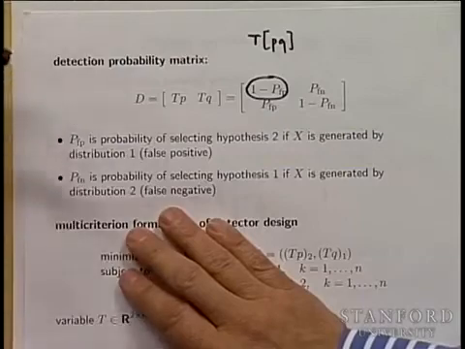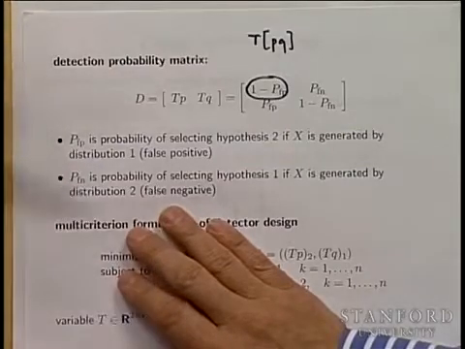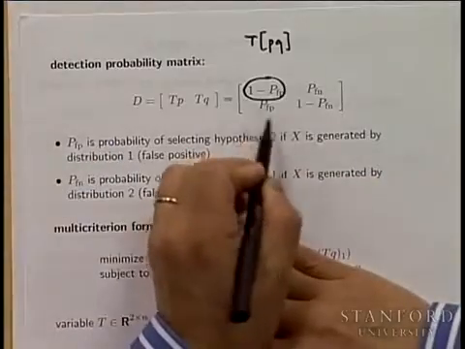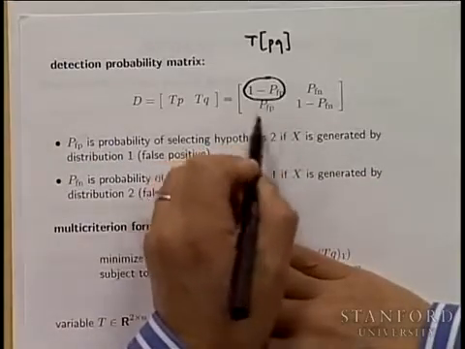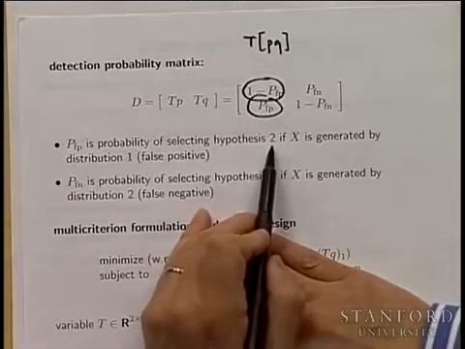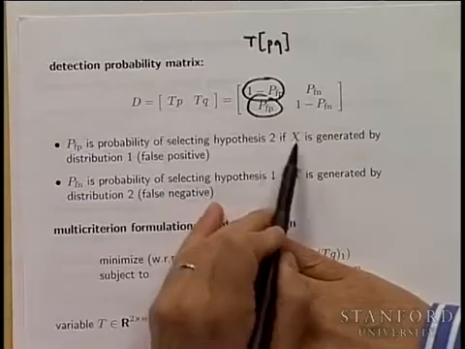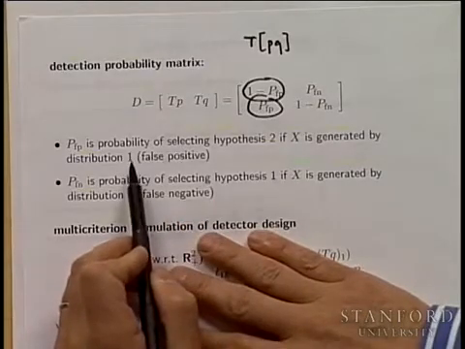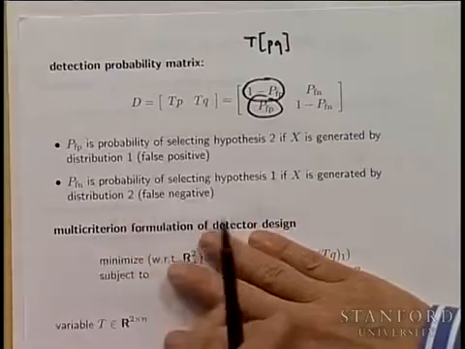Actually, if it were 1, it would mean that you would be absolutely infallible. Let's go down and look at this one. This entry is the probability that you guess hypothesis 2 when x is generated by distribution 1. Okay, so this is a false positive.